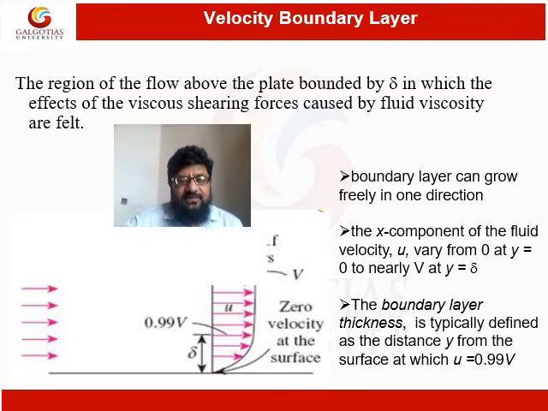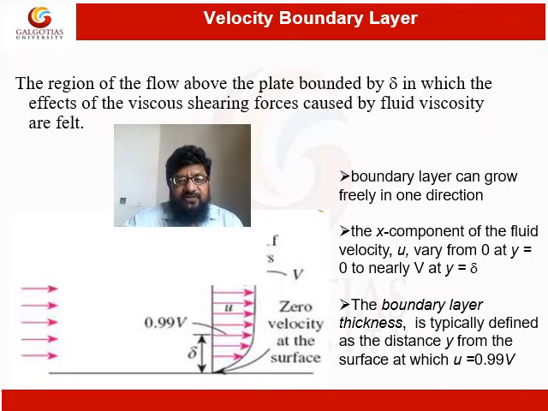So let us take a solid surface over which the flow is incoming from the left. Because of the no slip condition, the velocity of the first layer adjacent to the solid surface will be zero, and the second layer will be retarded by the first layer by virtue of the fluid property viscosity.